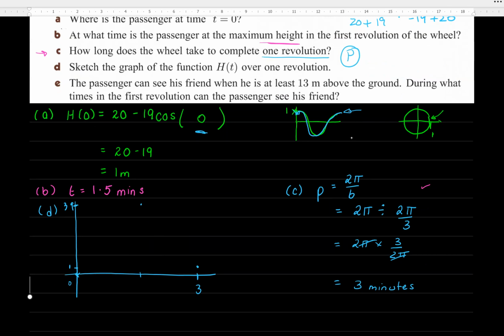It doesn't have to be exactly to scale, just making sure that we've got that sort of shape, and that would keep on going and going up and down and so on. But it's only asked us for one cycle. Pop in that 1.5. I like to label a crucial point, so let's label that as 1.5, 39. And that's clearly labeled as 1, and we'll call this our x-axis, which is the t, and our y-axis is the height.